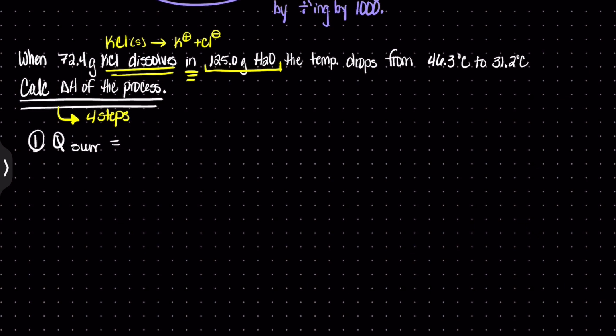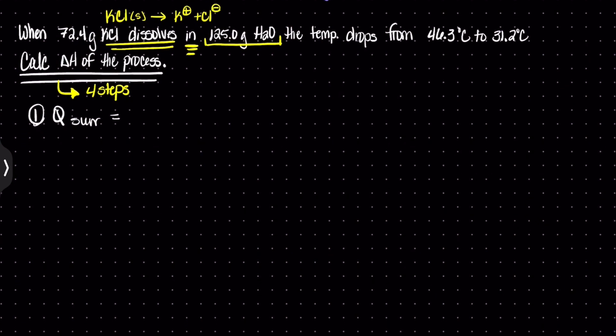The surrounding is my water, and the system that is being dissolved is my potassium chloride. So this is the surroundings, this is my system. So Q of the surroundings is, let me get that formula here, M C sub P delta T.